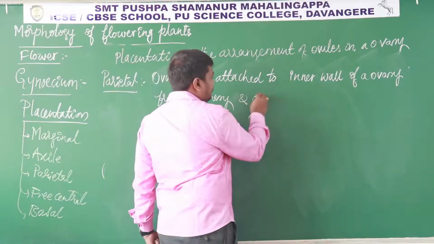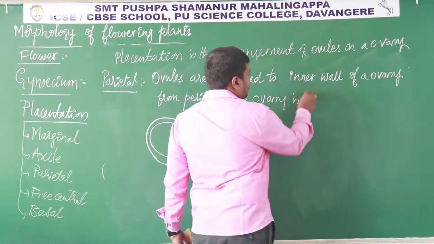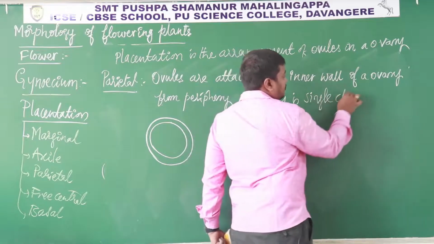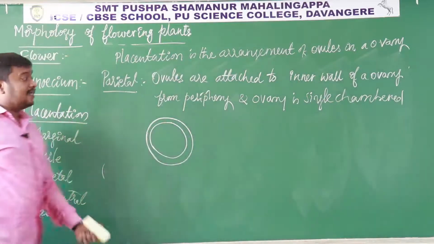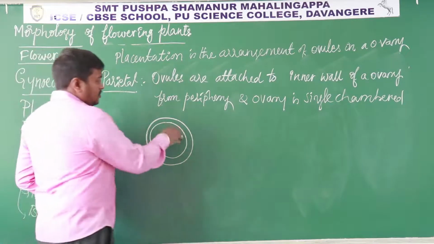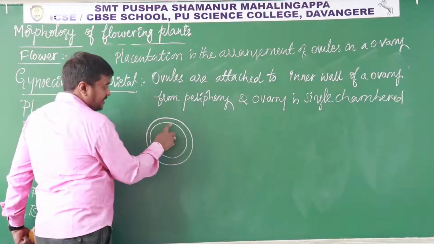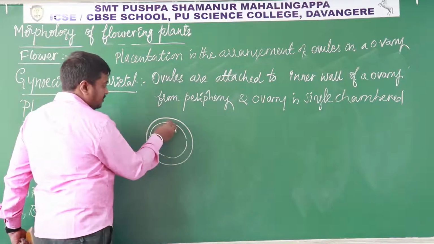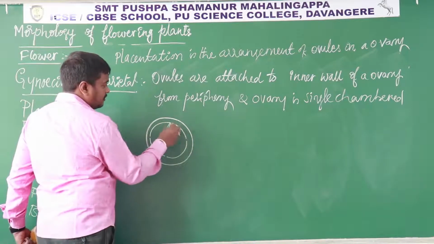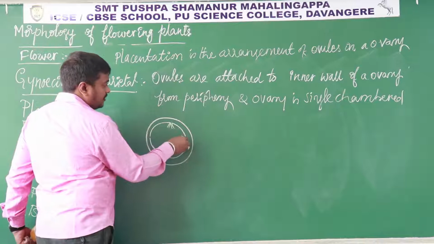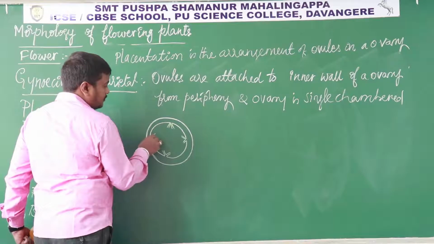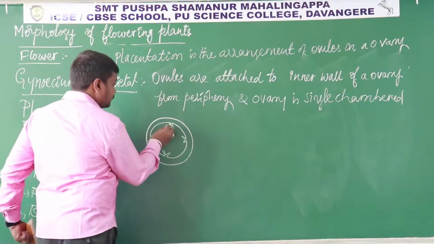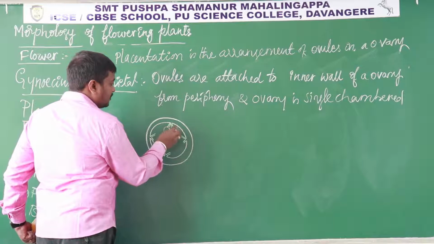Okay, and ovary is single chambered. ಸೊ ಈ ರೀತಿ ಇರುತ್ತೆ. ಇದು ಇನ್ನರ್ ವಾಲ್. ಇದರ ಇನ್ನರ್ ವಾಲ್ನ ಪೆರಿಫೆರಲ್ ಸೈಡಿಂದ ಓವ್ಯೂಲ್ಸು ಅಟ್ಯಾಚ್ ಆಗಿರುತ್ತೆ. ಈ ರೀತಿ ಓವ್ಯೂಲ್ಸ್ ಅಟ್ಯಾಚ್ ಆಗಿರುತ್ತೆ. ಸೊ ಲೈಕ್ ದಿಸ್ ಓವ್ಯೂಲ್ಸ್ ಆರ್ attached.